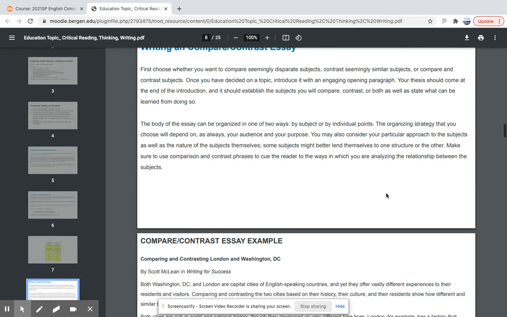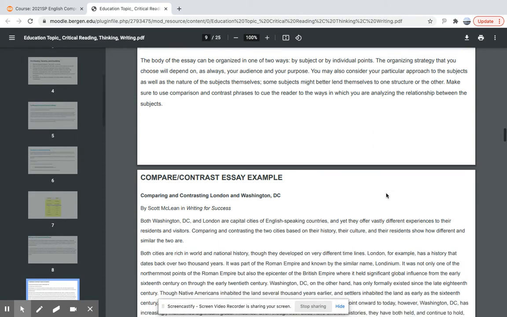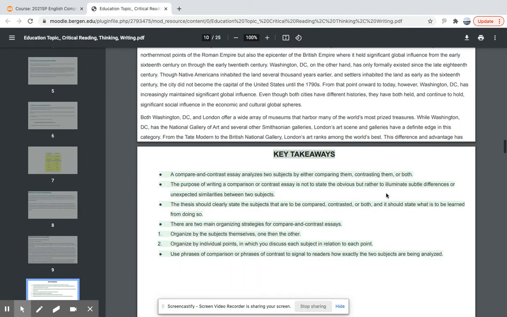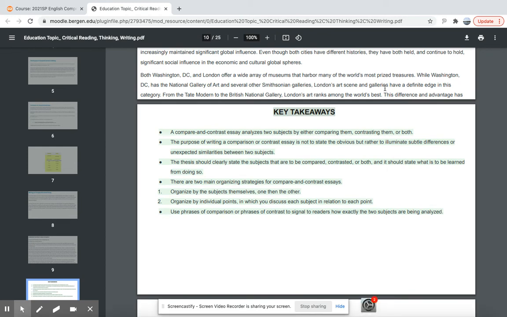So here's just an additional source of compare contrast essay, an example of one. The key takeaways is that it analyzes two subjects, or really the one subject of education, but choosing the two subtopics, I would say, within the subject.